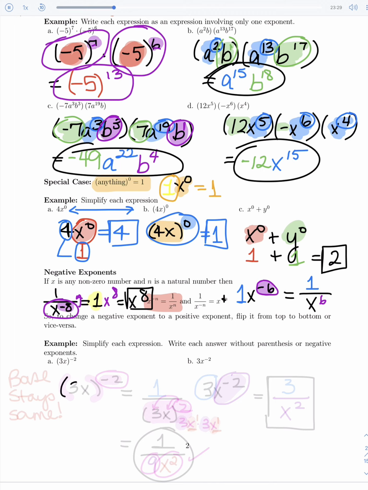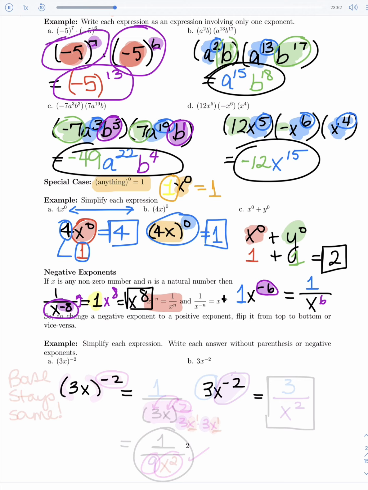In this first one, we have 3x to the negative 2nd with parentheses around it, but we also want to look at part b at the same time because it's very similar, 3x to the negative 2nd without parentheses. These are slightly different, but they're going to have very different answers. The question is how the parentheses affect this problem.